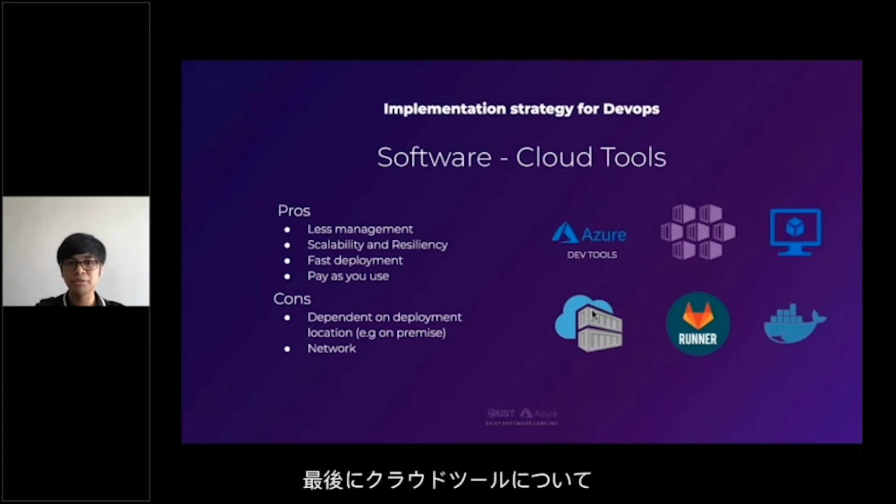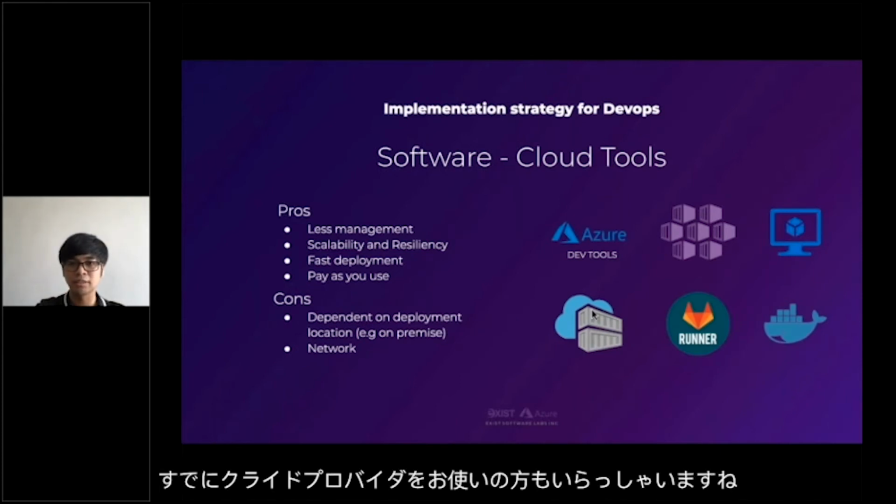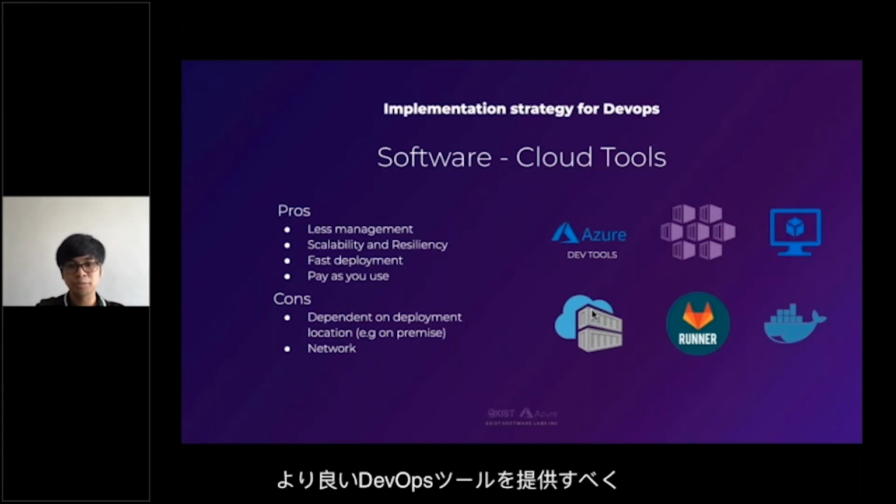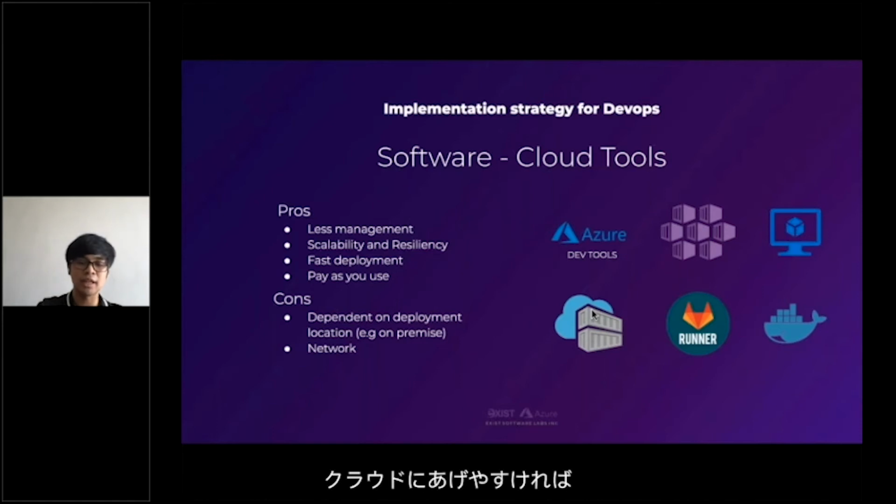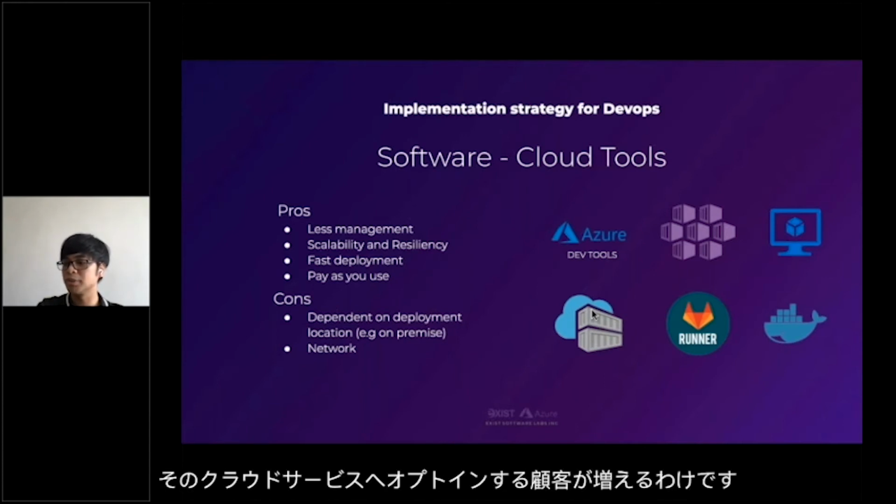Lastly would be cloud tools. Some of you are already subscribed to some cloud providers. These cloud providers are actually competing with each other in terms of having very good DevOps tools, because the easier it is for developers or organizations to deploy their applications in their cloud ecosystem, the more these customers would opt in for their services.